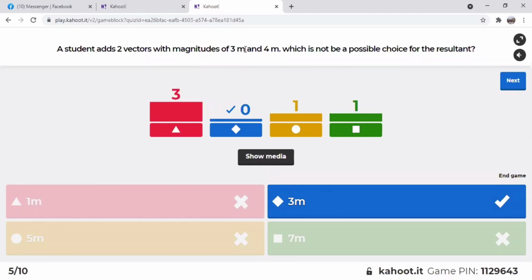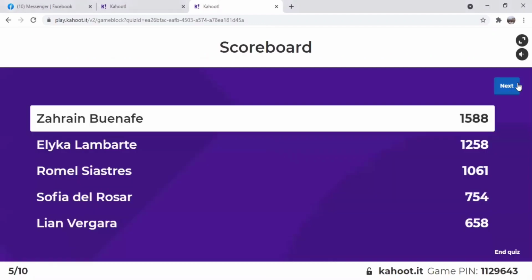With 3 and 4, using the Pythagorean theorem the answer is 5. So 3 cannot be the resultant of 3 and 4. It can be 1, 7, or 5, because we can add, subtract, or use the Pythagorean theorem. So our answer is 3, the blue one.